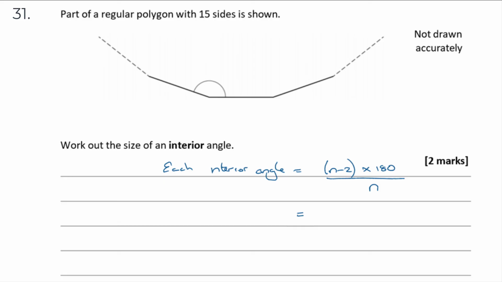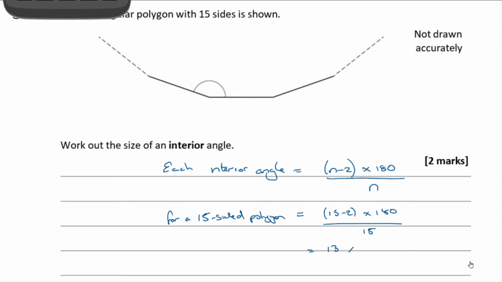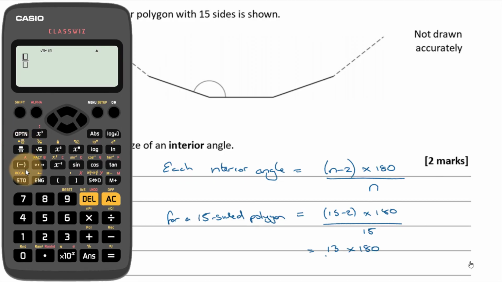So for a 15-sided polygon, n is 15, so we're going to get 15 minus 2 times 180 over 15, or in other words 13 times 180 over 15.